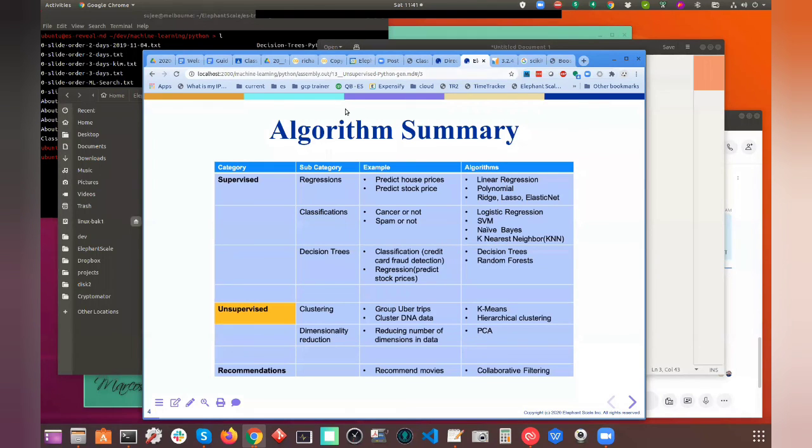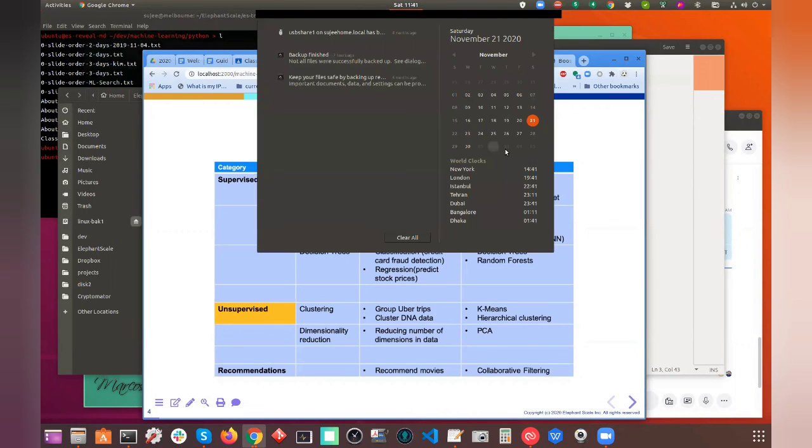Also, time-wise, because I know next week is Thanksgiving in the US, you guys can tell me how you want to approach this. We can make next week a break week if you like, or we can continue going.